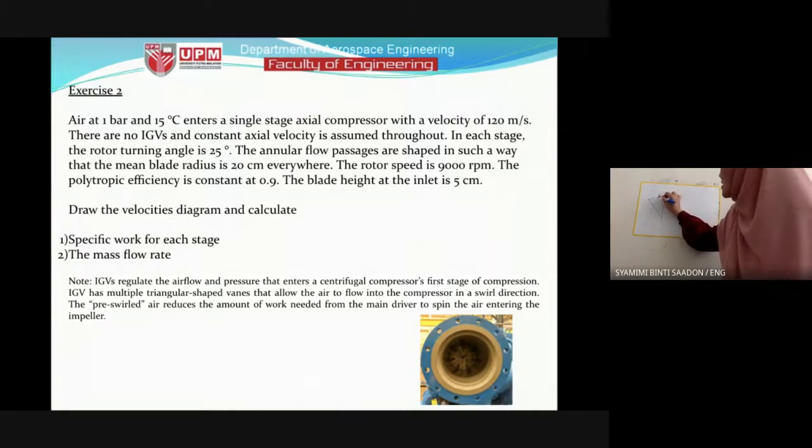So this is C1, the absolute velocity, and then we have W1, the relative velocity, and rotational speed U1 in this direction.